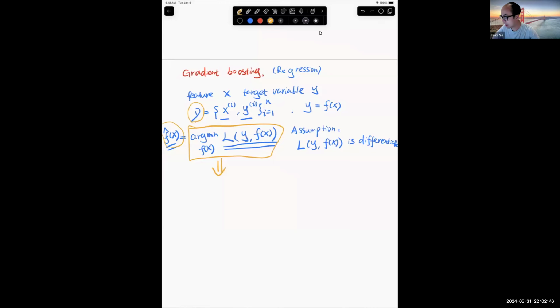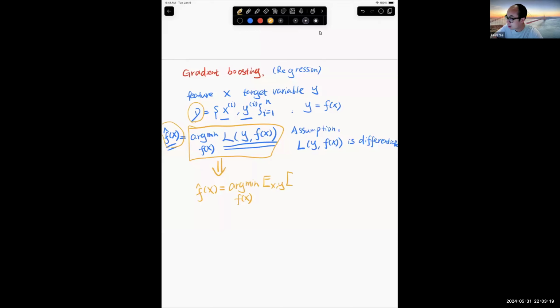So if we want our f hat to be fixed, we can take an expectation. f hat of x is the argmin over f of the expectation over x and y.